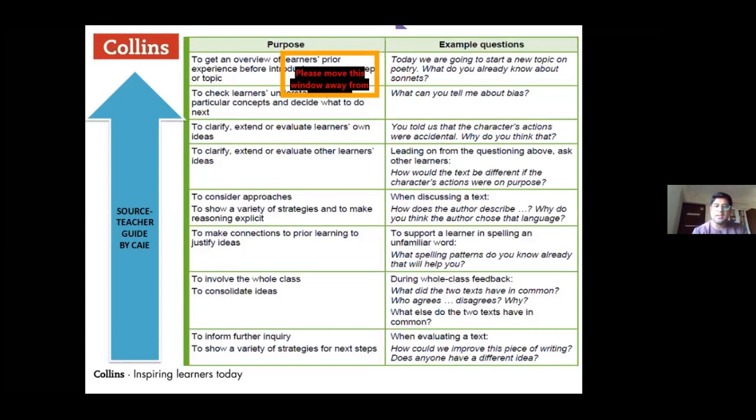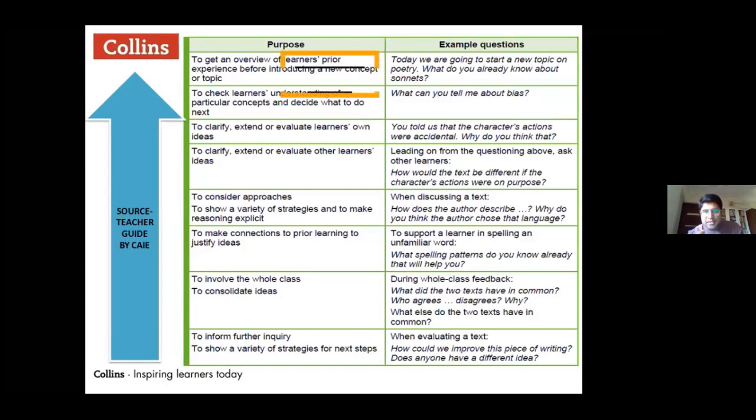Now, based on these, we can start working on our lesson plans or the schemes of work as we deem fit. Say, for example, when you're discussing a text, how does the author describe so and so? Prompt questions, keep your questions ready. Believe me, the art of asking the right question is so important.